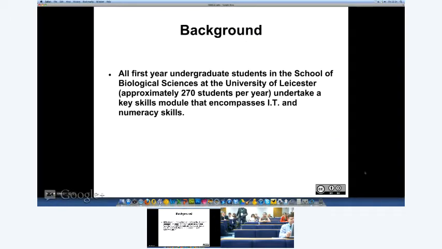Just briefly, our background is I'm in the School of Biological Sciences at the University of Leicester, and we have an intake of approximately 270 students a year. That's going up rapidly. And one of the things I teach them is a key skills module, IT and numeracy skills. And so we have this problem of increasing student numbers and how to interact with these students.